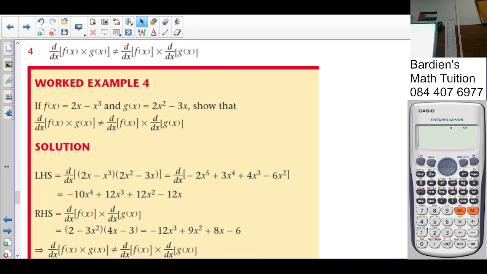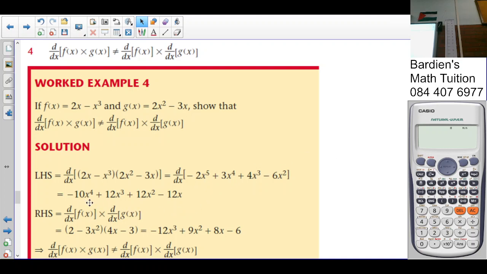Right, the derivative of a product of two functions will never be equal to the product of the individual derivatives. And here it was proven. Here you must show that the left hand side is not equal to the right hand side. When you go with the left hand side, you multiply the functions first and then apply the derivative.